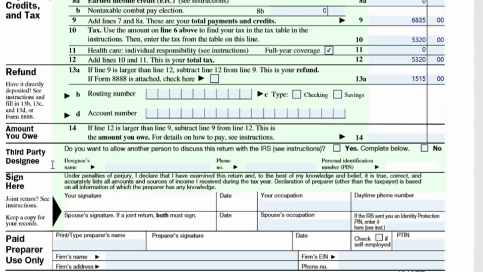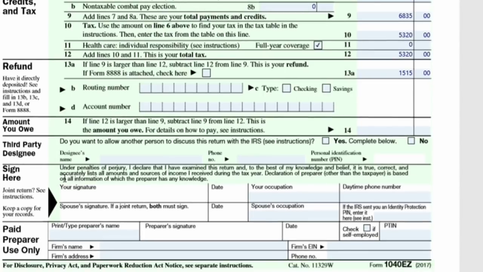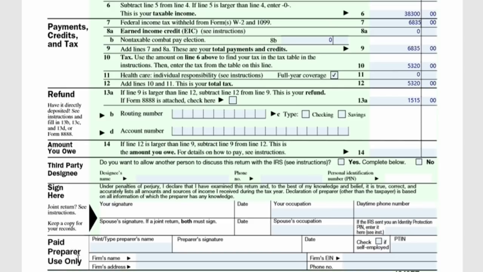Third-party designee is where you can put a person's name down and phone number if you want them to be able to talk to the IRS. In the next space you will have to sign your name, date, and your occupation, and a daytime phone. Paid preparer would not be used if you've done this yourself.